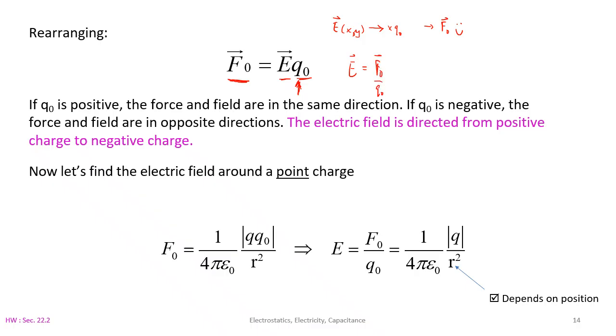So if this is positive, then the electric field is in the same direction as the force. But if Q is negative, then we have a negative sign down here, then the electric field is in the opposite direction of that force.